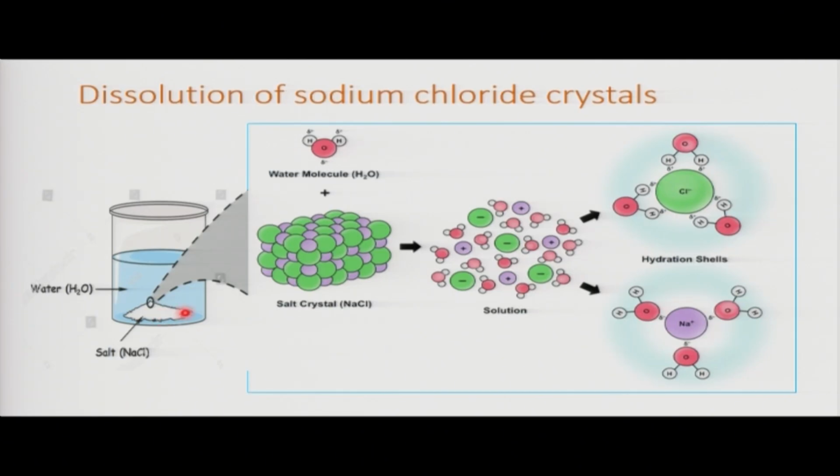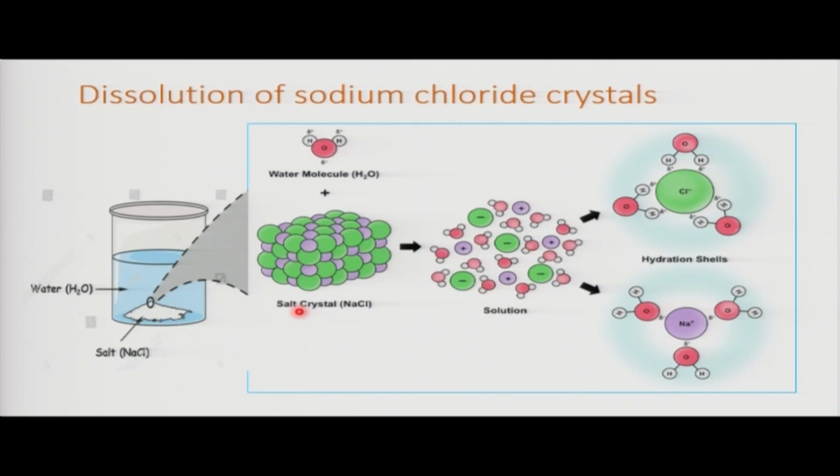So the exact chemistry happening in that glass of water is the crystal, made up of chloride ions illustrated by this green color and the sodium ions illustrated by this purple color, is disintegrated.